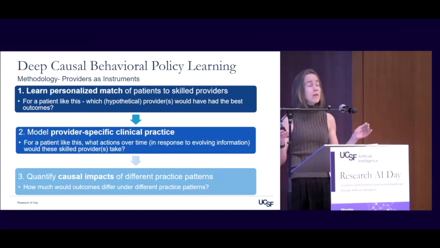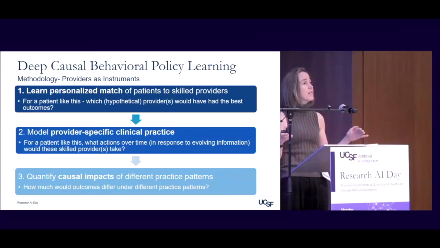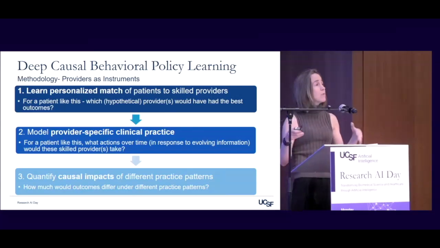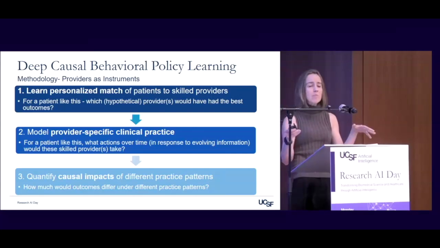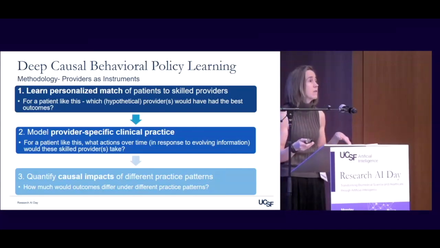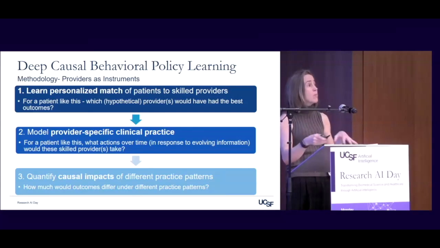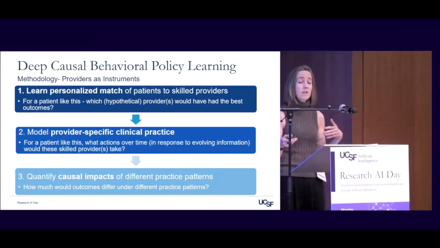It consists of 3 basic steps. First, we learn a personalized match of patients to skilled providers. So basically, at this first step, we're asking for a patient like this, which hypothetical provider assignment would have had the best outcomes? Second, we model provider-specific clinical practice, and this is where our large clinical behavioral model comes in.